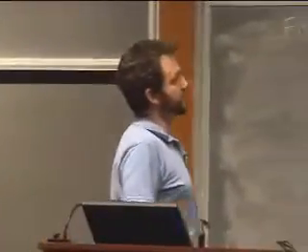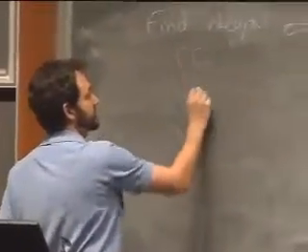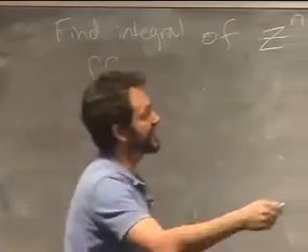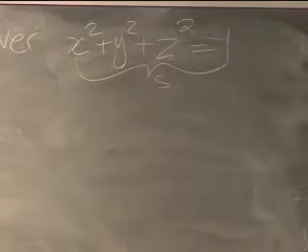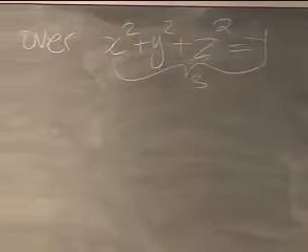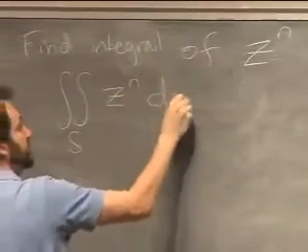Okay, so in other words, what we're looking for is this. Let's call this S. What we're looking for is the integral of z to the n d sigma.